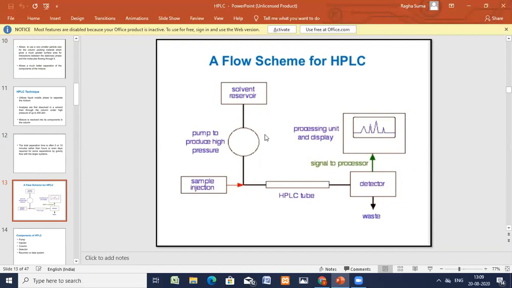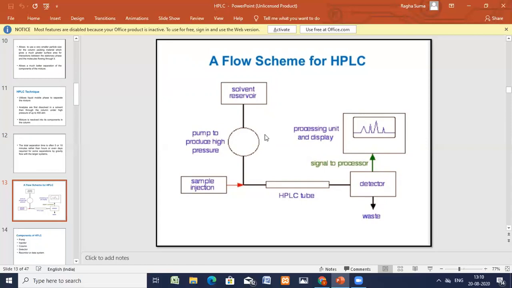Now we'll see the principle. As mentioned earlier, the main drawback of classical liquid chromatography is that it is slow. In HPLC, higher functional efficiency was achieved by increasing the rate of mass transfer and the rate of equilibrium of the solutes between the mobile and the stationary phases.